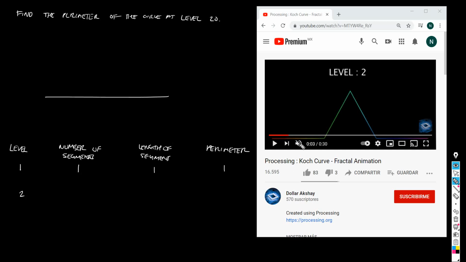This is already level 2, and if you remember, I told you that the way to construct the second level out of this, which is the first level, is by cutting the segment into 3 equal parts.